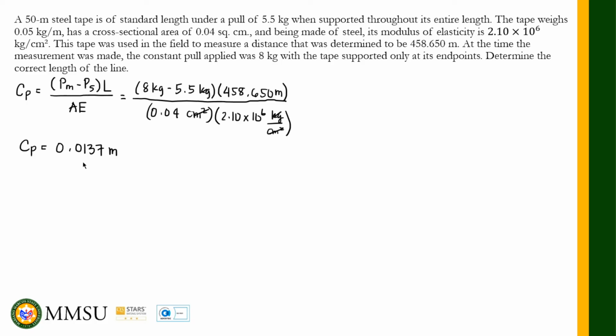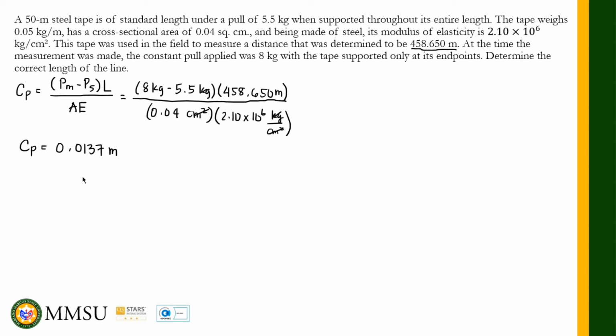But before we can compute for the correction due to sag, let us see. What we will do here is compute the correction due to sag for each tape length, one at a time, since this is a 50 meter steel tape that was used many times, because the total measured length is 458.650 meters.